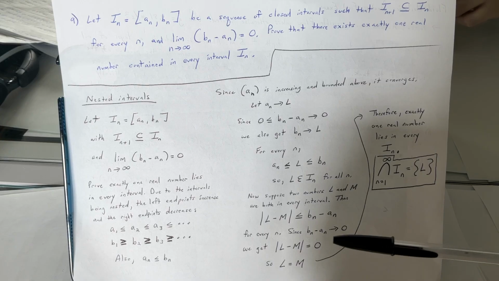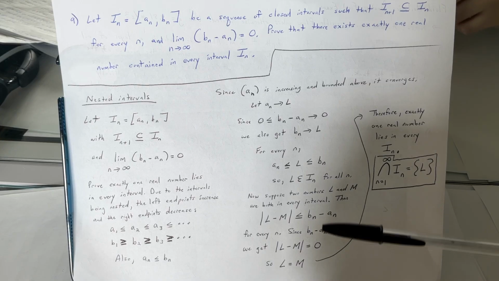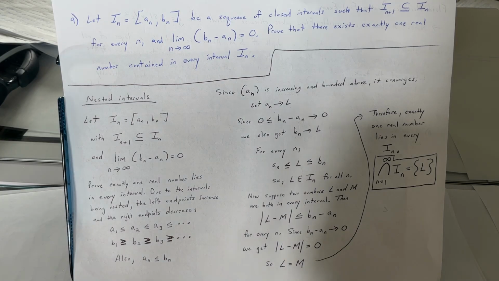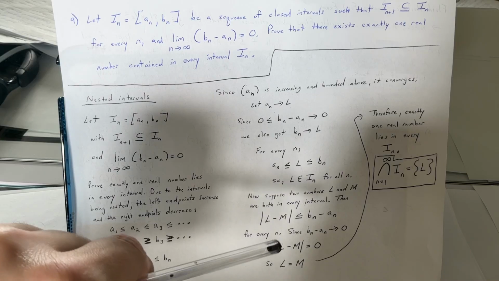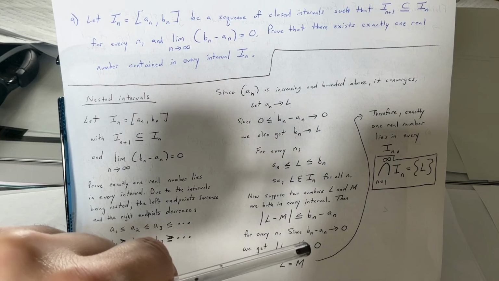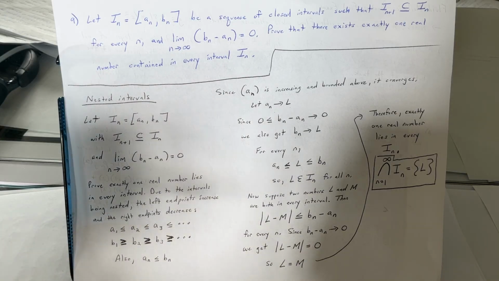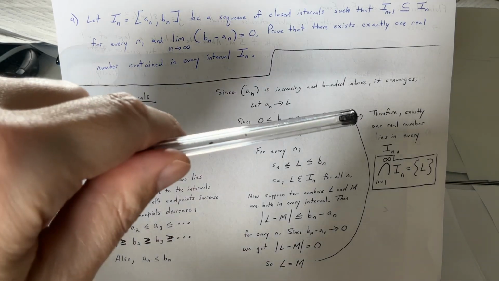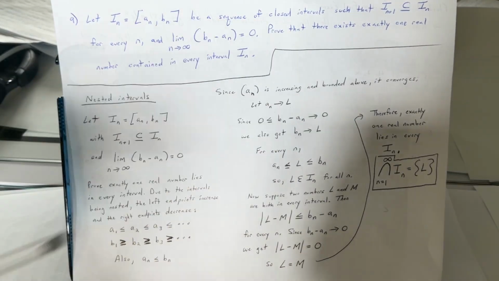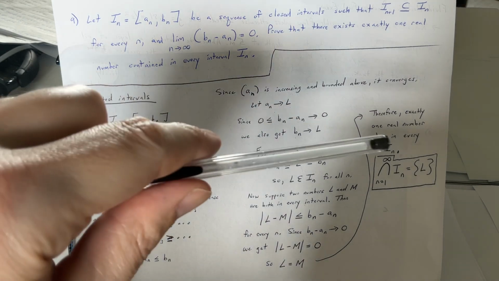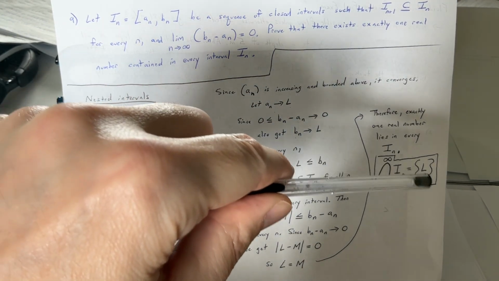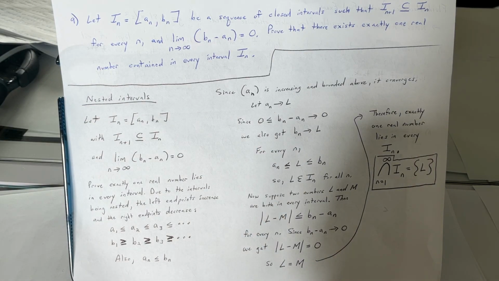And since b sub n minus a sub n goes to 0, in this situation we could let the difference, the absolute value of L minus M, equal 0, so that L equals M. As a result, exactly one real number lies in every I sub n. So that takes care of number 9.